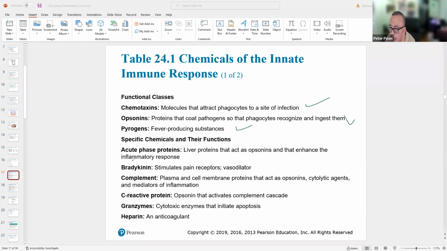Oxidants, pyrogens. You don't need acute phase proteins, including bradykinin. Complement, granzymes. Heparin, you probably already know. Make sure the ones I check off, you know.